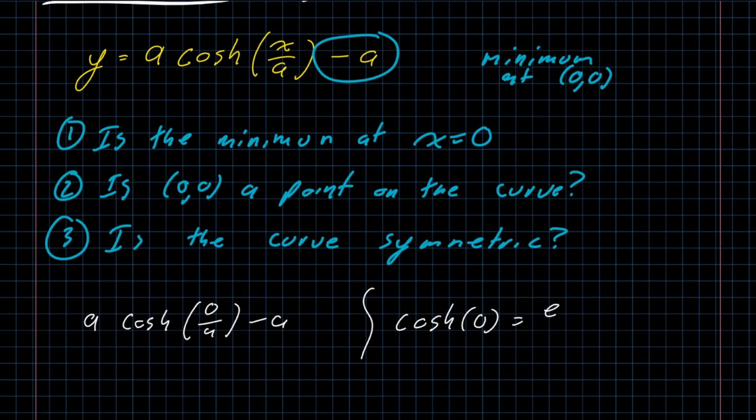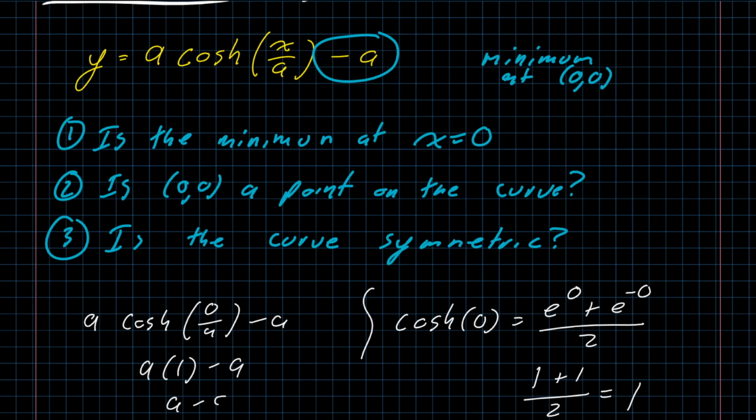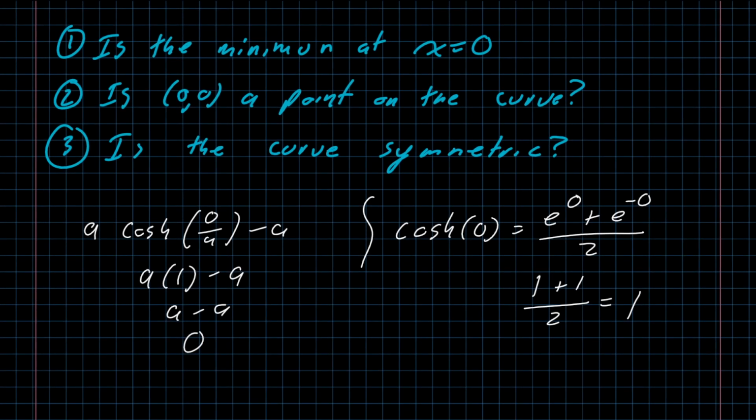From the basic definition, that's going to be e to the 0 plus e to the minus 0, all over 2. e to the 0 is 1. e to the minus 0 is also 1. 1 plus 1 is 2. 2 divided by 2 is 1. So this is going to be a times 1 minus a, which is just a minus a, which is in fact 0. So (0, 0) is a point on the curve. You plug in x equals 0, you get out y equals 0.